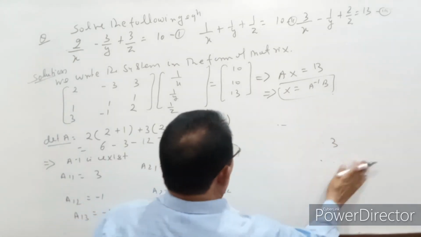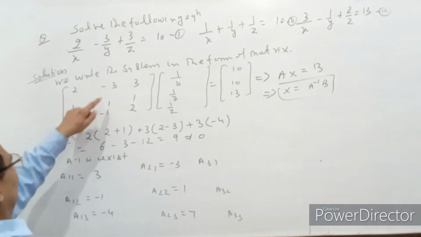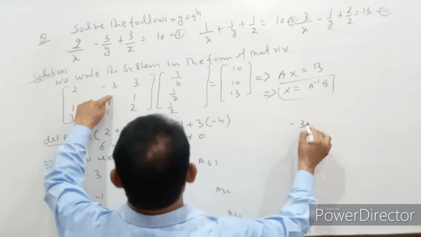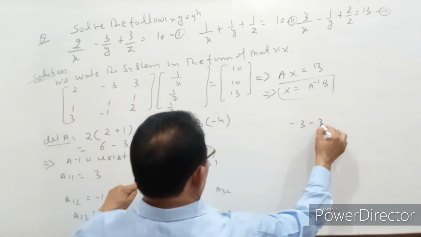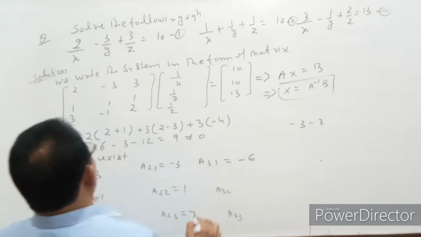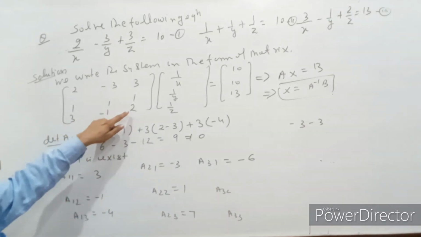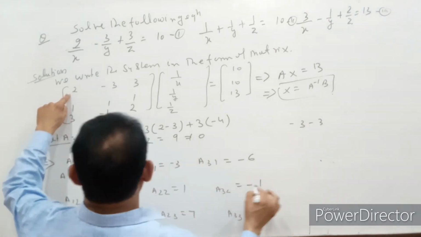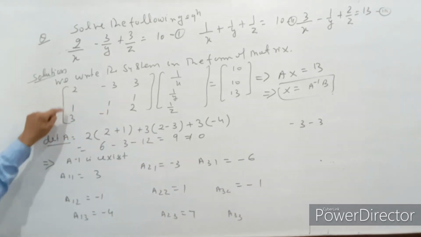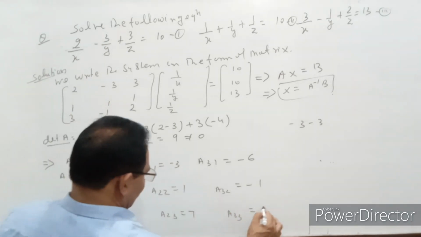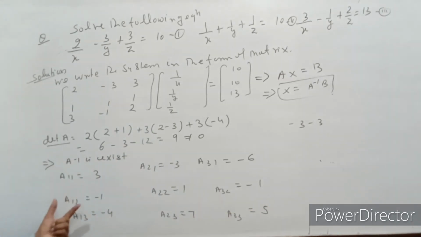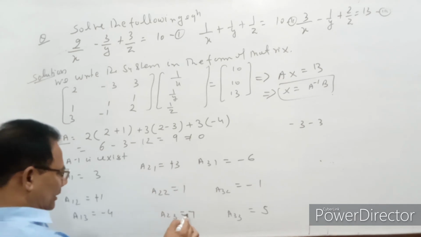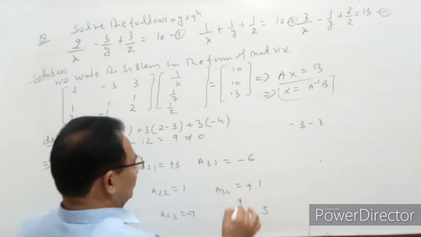Now the cofactor of the third row, that is -3, that is -3, -6, that is 2, -3, -1, 2, +3. This is equal to 5. Or we change the minor into cofactor: plus, no change, plus, minus, no change, plus.